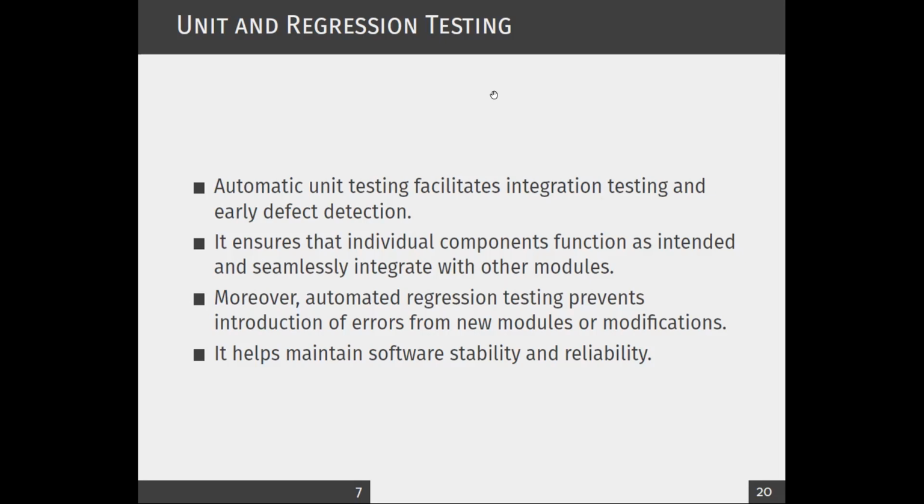And also we can check that individual components function as intended and integrate seamlessly with other modules. Moreover, automated regression testing prevents the introduction of errors after new features or modifications.